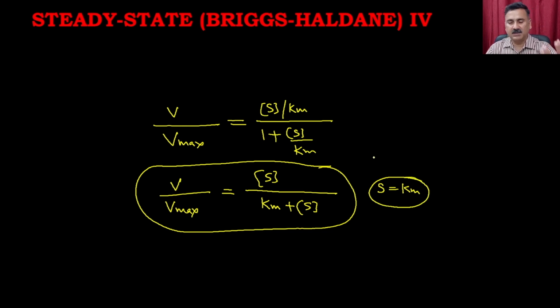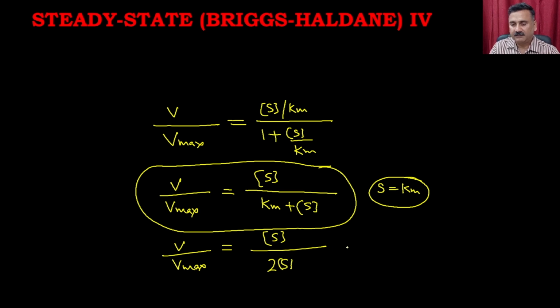So if you increase the concentration of the substrate to a value equivalent to Km, then what will happen? You see that V by V max is equal to S, and instead of Km you can write S, so it becomes 2S, right? This means if you divide this, V is going to be V max by 2.